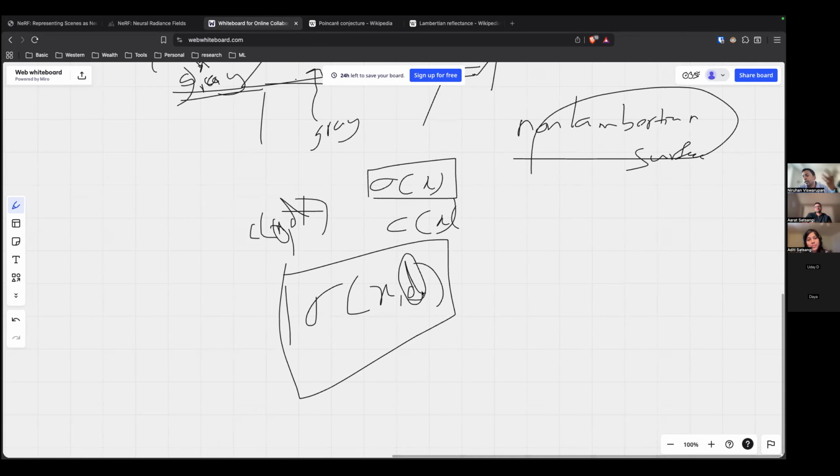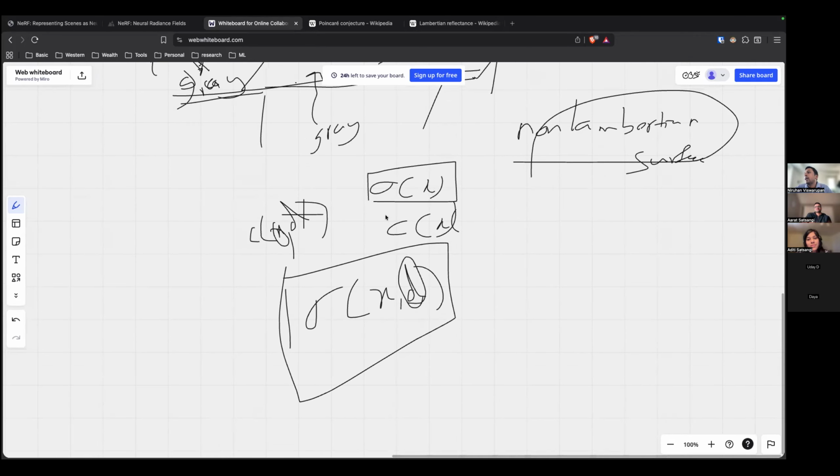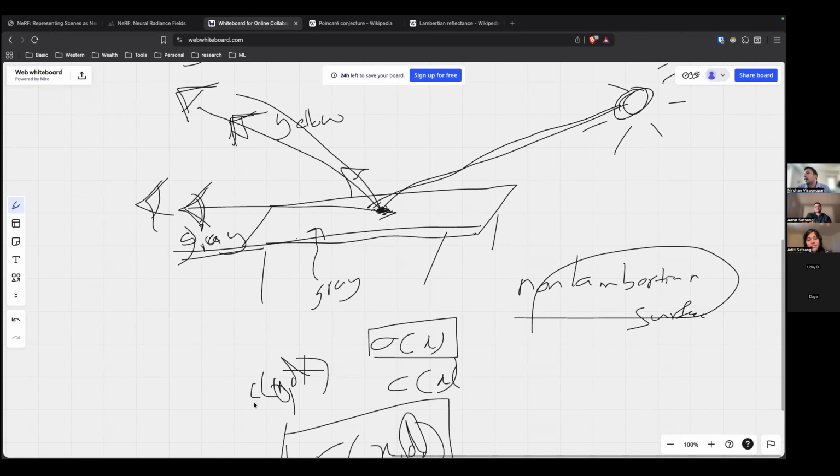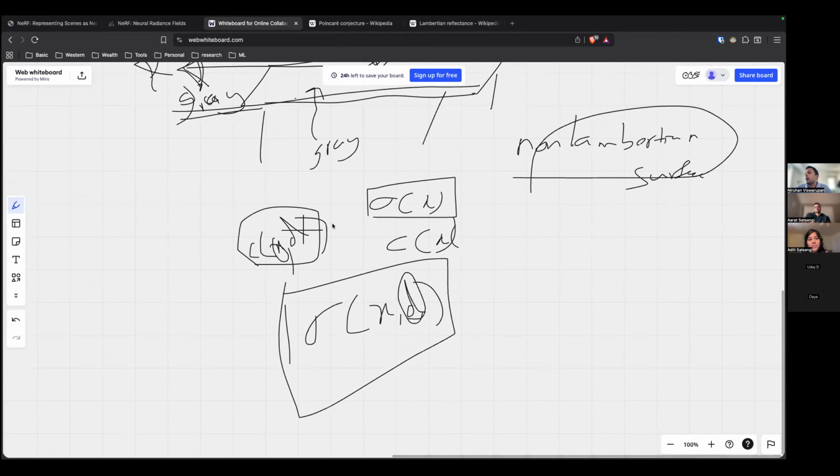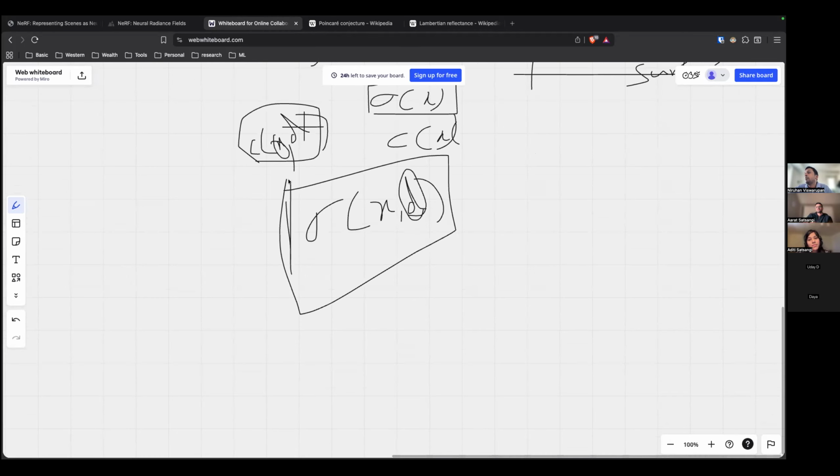I have given you an example where color C is a function of both location and viewing angle. Can you give me an example where sigma, the opacity, is also a function of d?